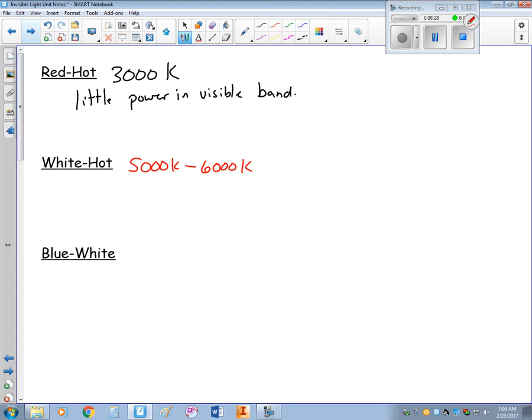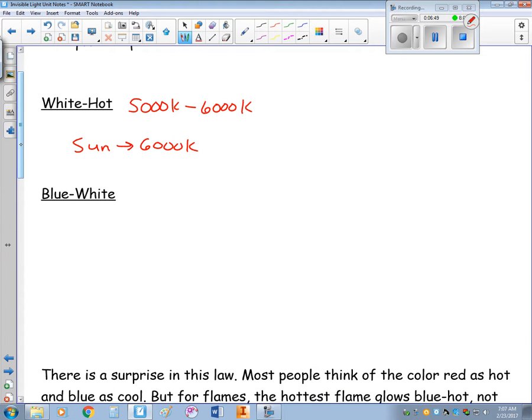The sun has a temperature of around 6,000 Kelvin. So if something is so hot that it glows white, we're talking about a very, very, very hot object. Now we come to blue-white. This is 7,000 plus.